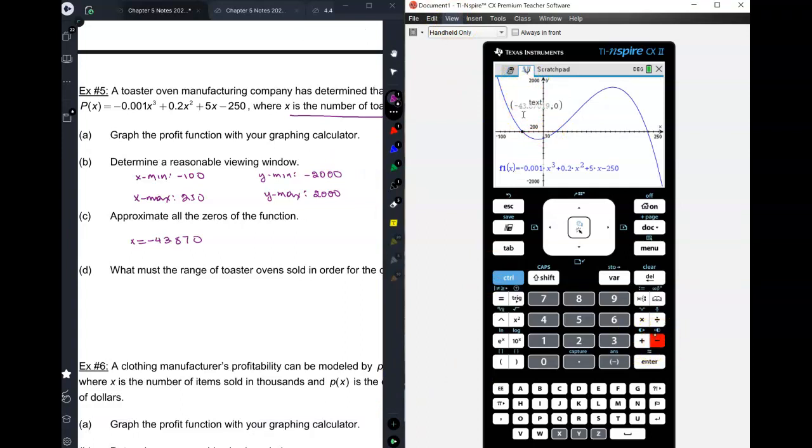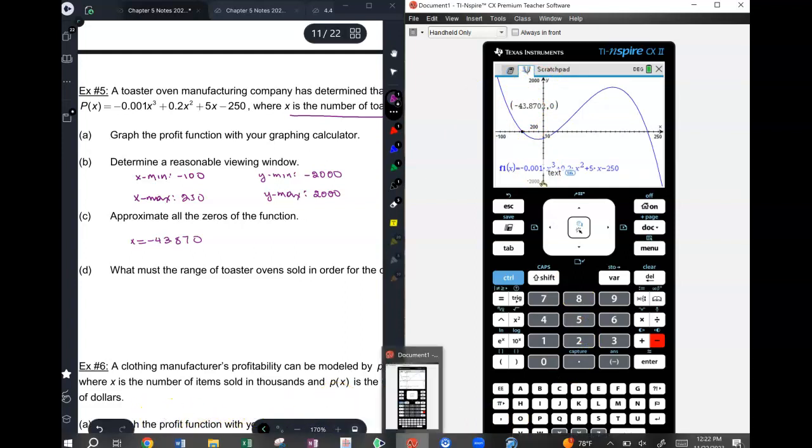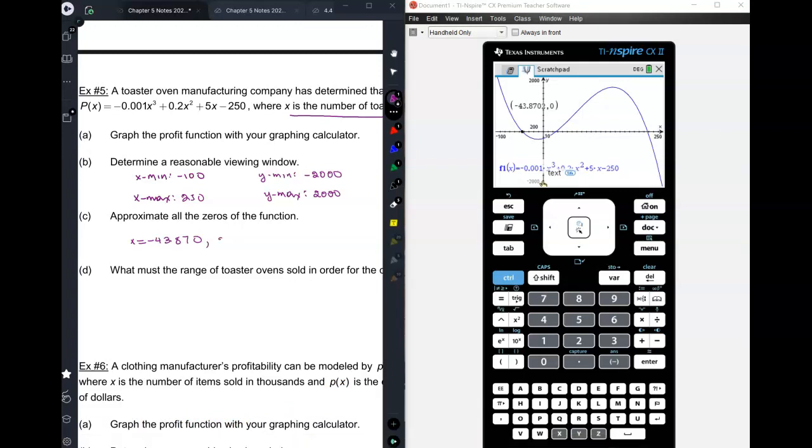If when you find your zeros, you don't have enough decimal places, what do you do? Hover on top and press the plus sign. Okay, so go ahead and find the other 2, please. Okay, these are the zeros, right? These are the other two zeros.